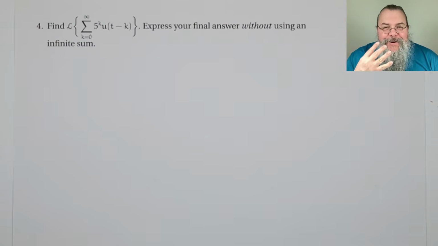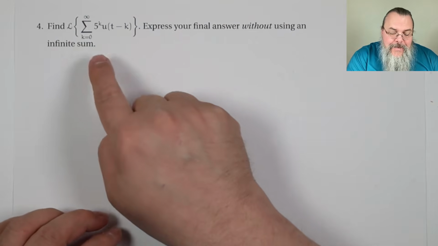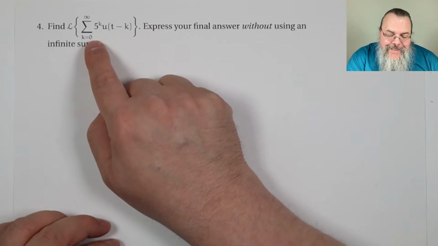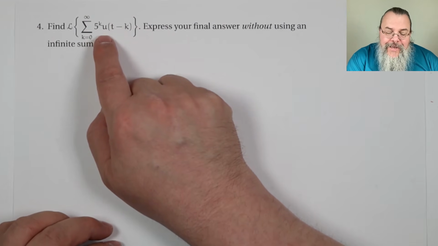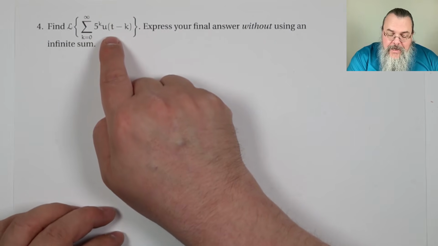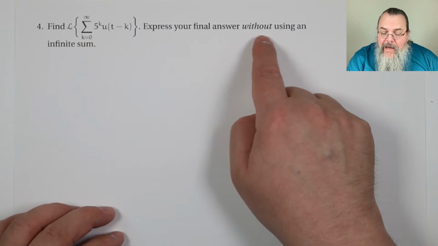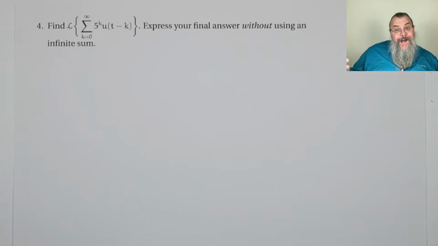Number 4. Find the Laplace transform of, and it's a lot, the sum k equals 0 to infinity, 5 to the k, u of t minus k. And then if that wasn't enough, express your final answer without using an infinite sum. What?